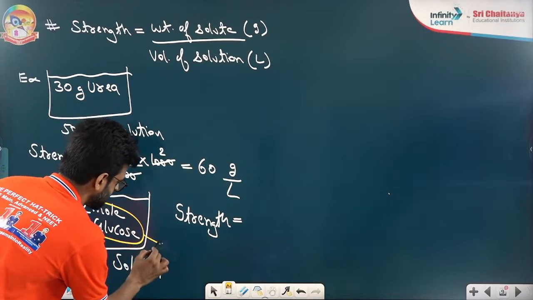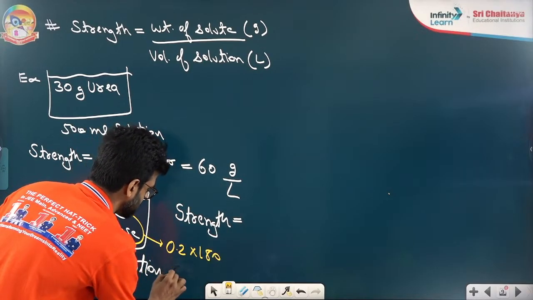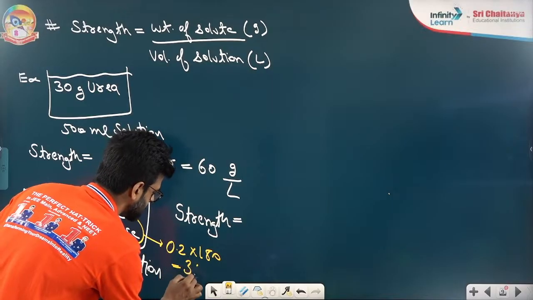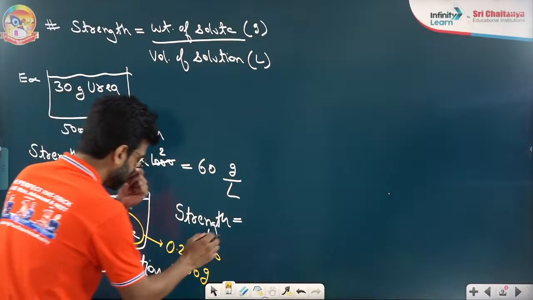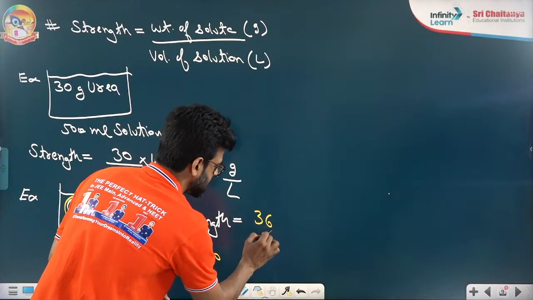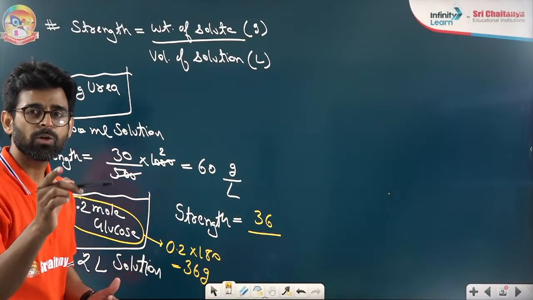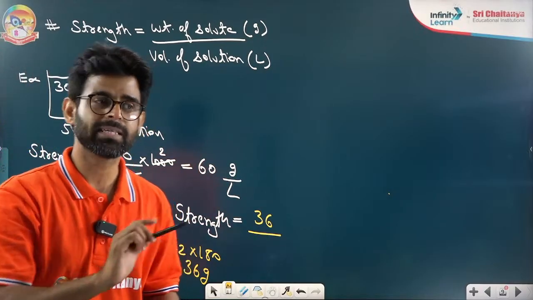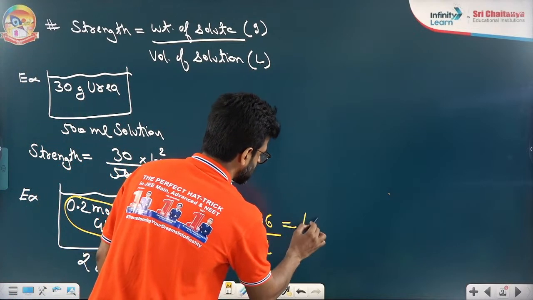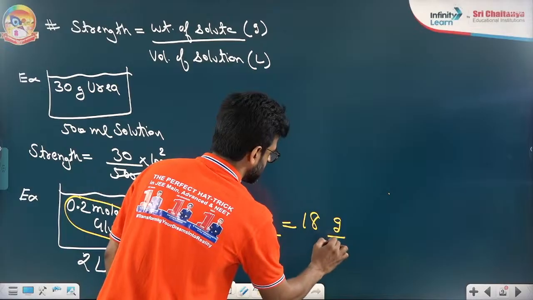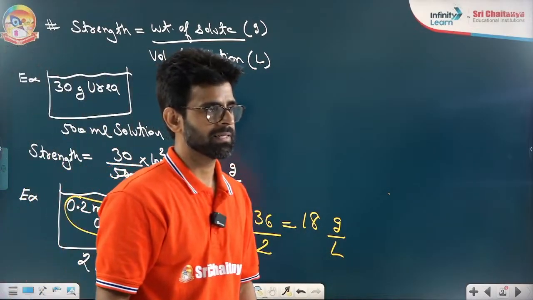What is the weight? I will say 0.2 into 180. That means how much is coming? 36 gram glucose. So 36 gram glucose is present in how much? 2 liter solution. This time the volume is directly given, already in liter, so no need to convert, right? Divide by 2. How much is coming? 18 gram per liter. It's coming 18 gram per liter, right?